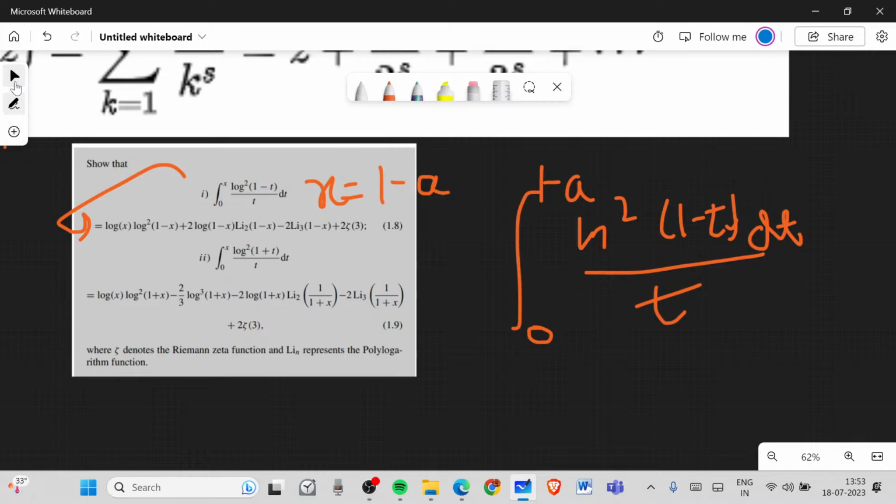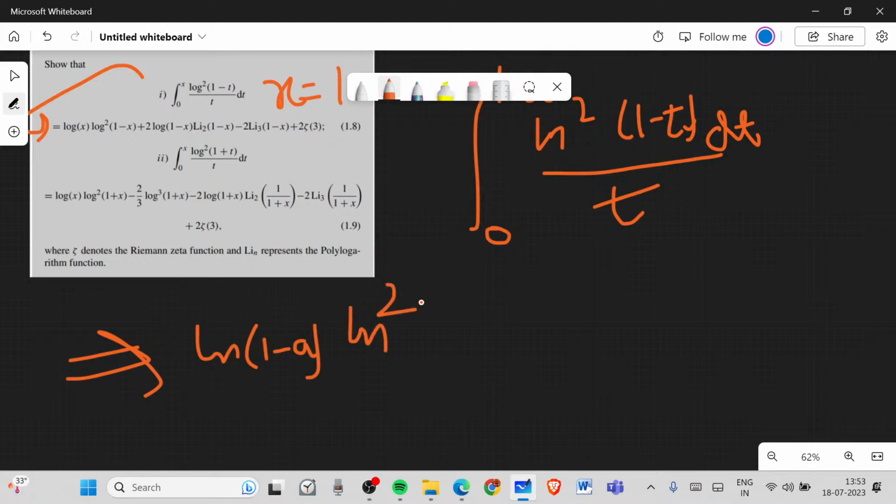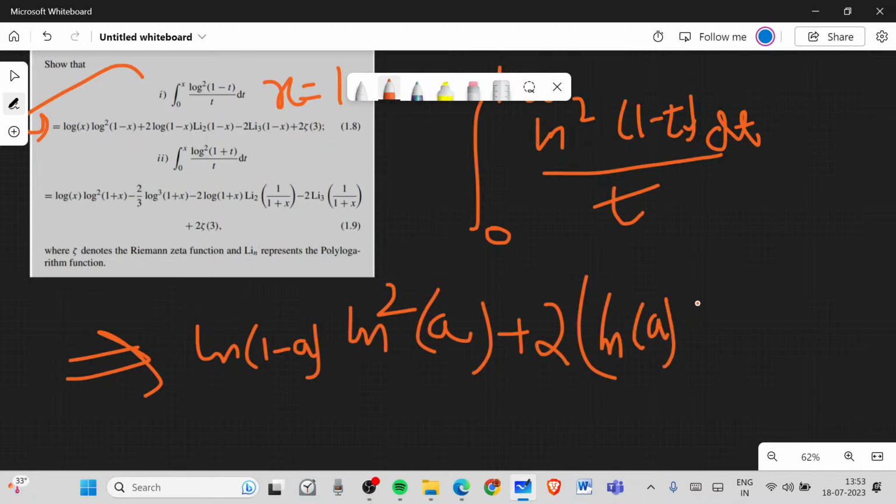Okay, this thing, ln 1 minus a. What is 1 minus 1 minus a? It's a itself. Ln square a plus 2 times ln a times Li2(a). Oh, it seems so good.